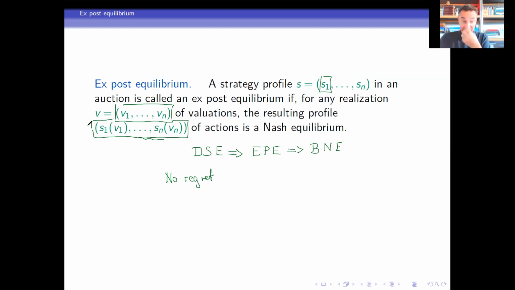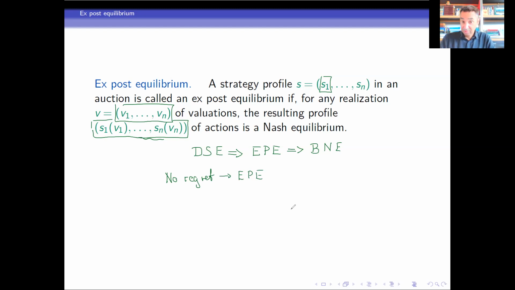So that really means that you bid without knowing the valuations of the other ones, but then after everyone made a bid, you get to see what the valuations were and what the bids were. And if you then would not have an inclination to change your bid, then you have an exposed equilibrium.